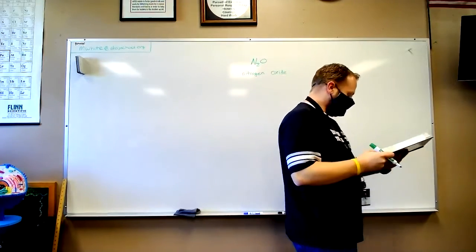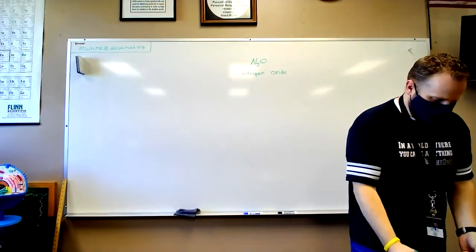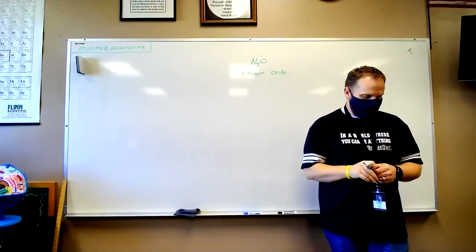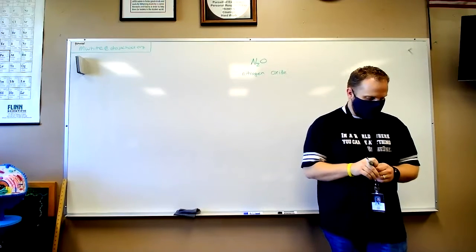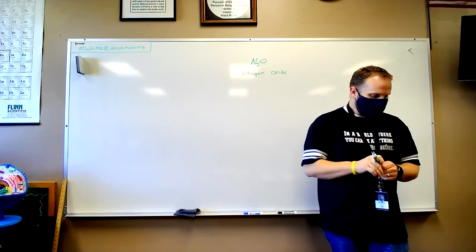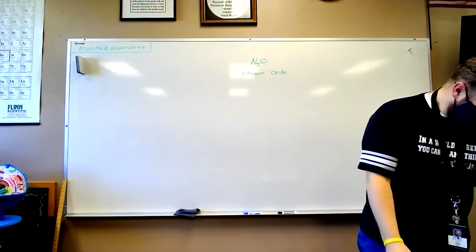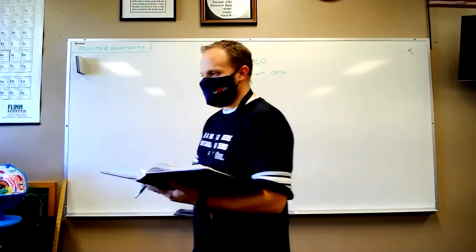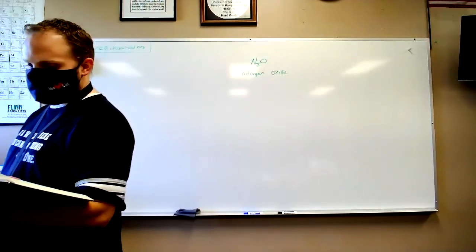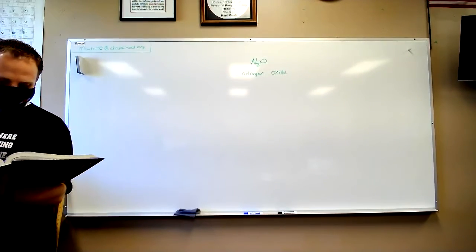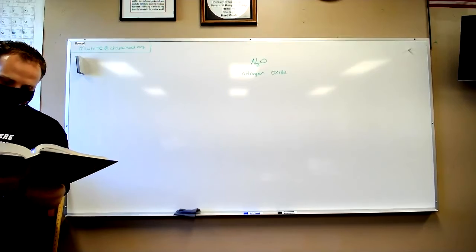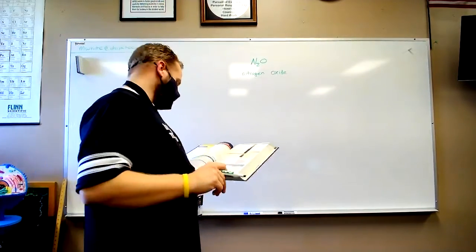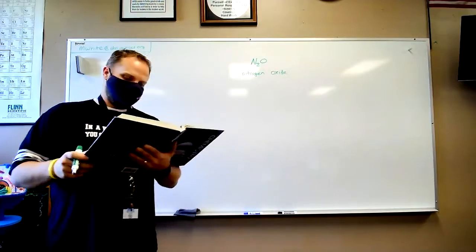And then 3, like we said, this is where it gets different. Prefixes are used to indicate the number of atoms of each element that are present. So we look at this table 3, and it gives us 1 through 10 of the different prefixes. 1, mono, 2, di, 3, tri, 4, tetra, penta, hexa, hepta, octa, nona, deca.